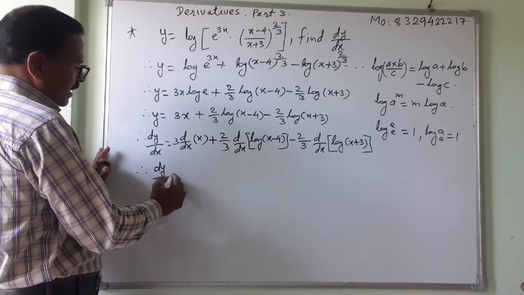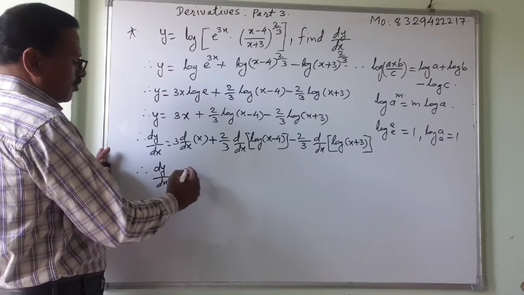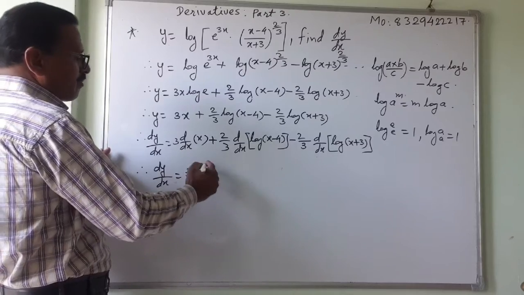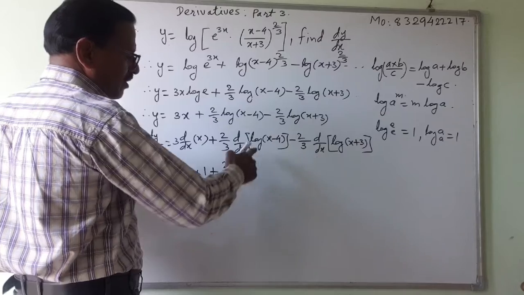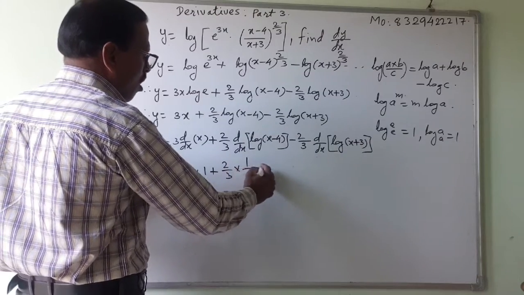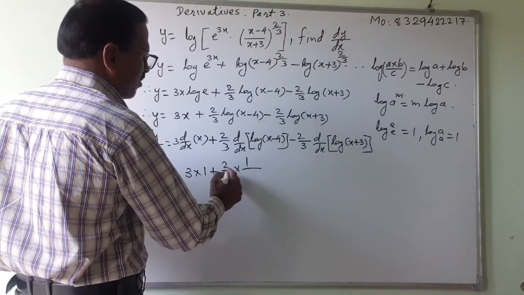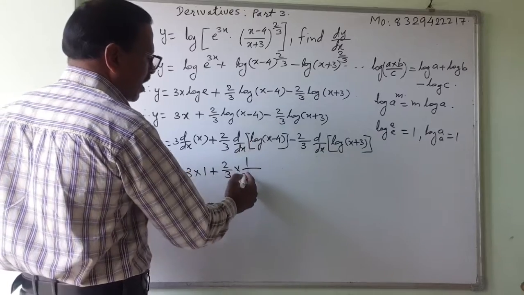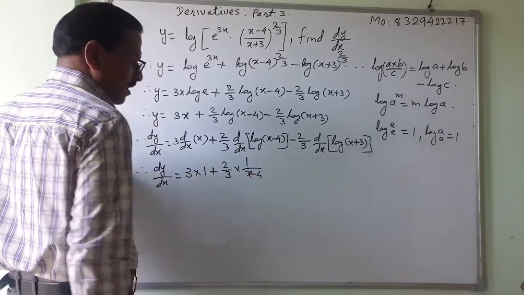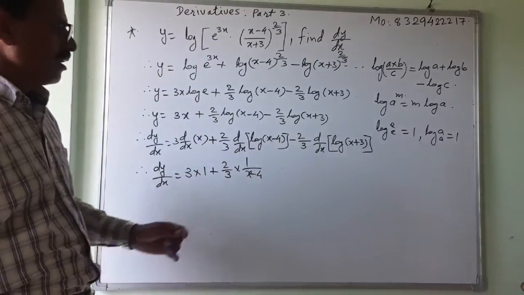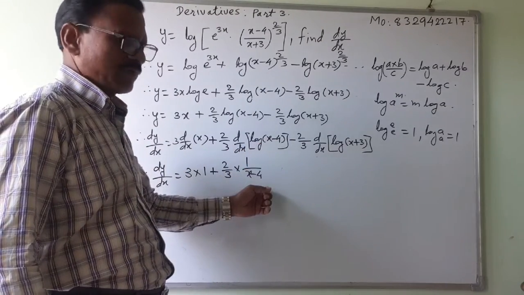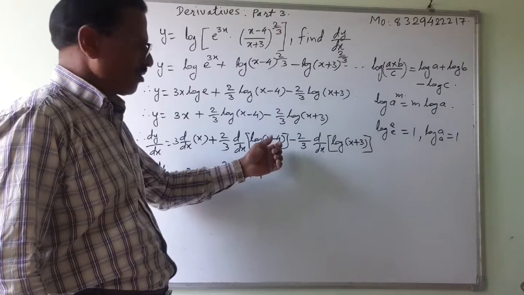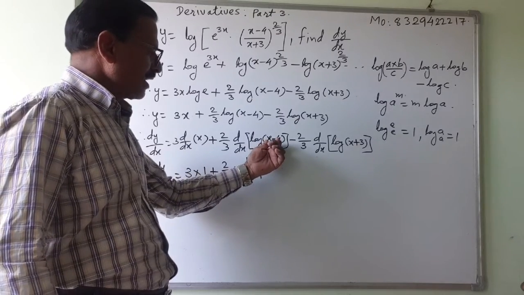dy by dx is equal to 3 into derivative of x, which is 1, plus 2 upon 3. Derivative of log is 1 upon whatever it is, so 1 upon (x minus 4). Now our rule is, take the derivative of this and multiply by the derivative of the inside.